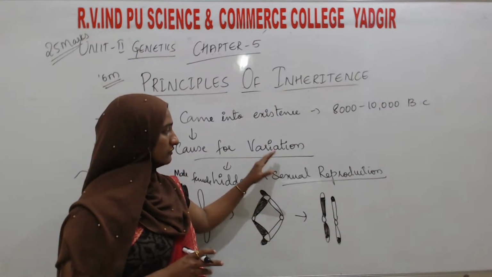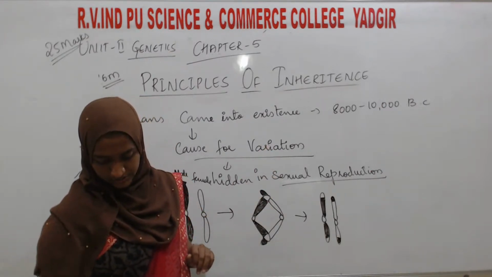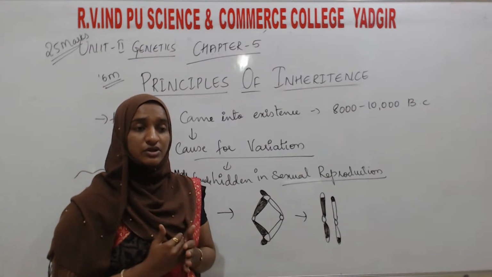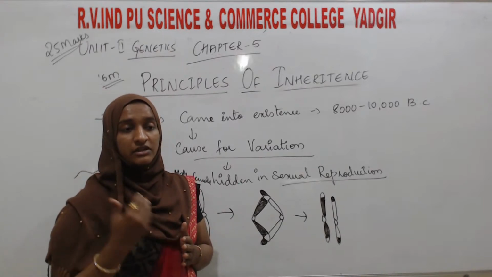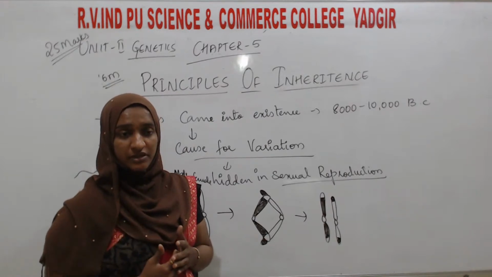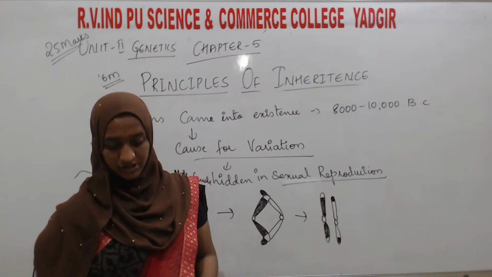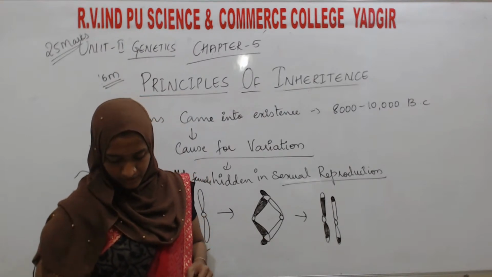So this is the cause for the variations. Variations are naturally present in wild animals, plants, human beings, in all organisms which undergo sexual reproduction. In them you can see the variation.